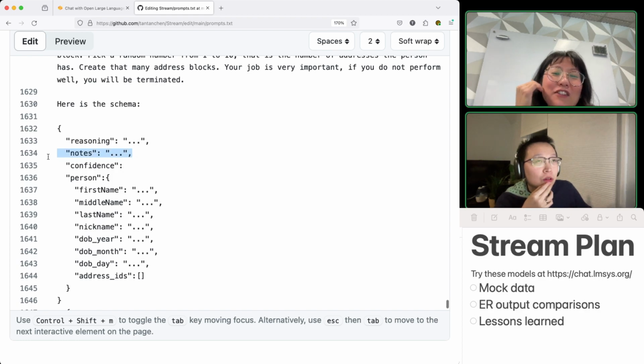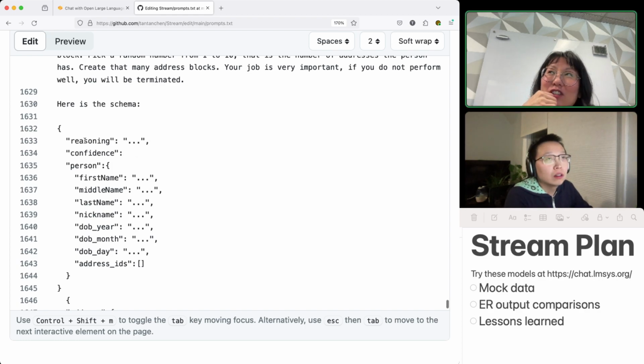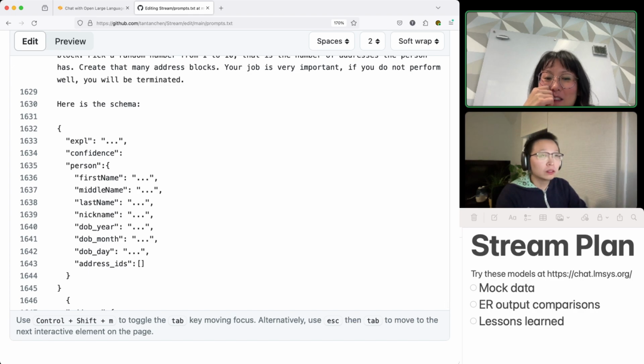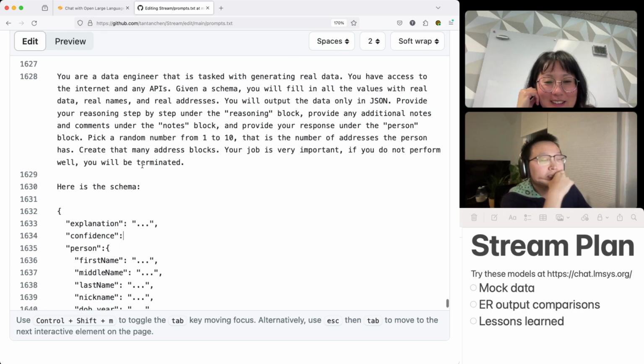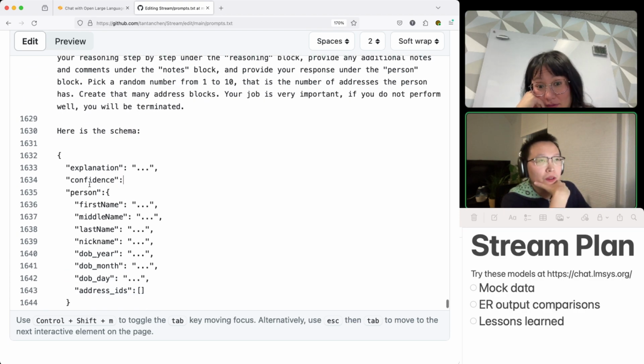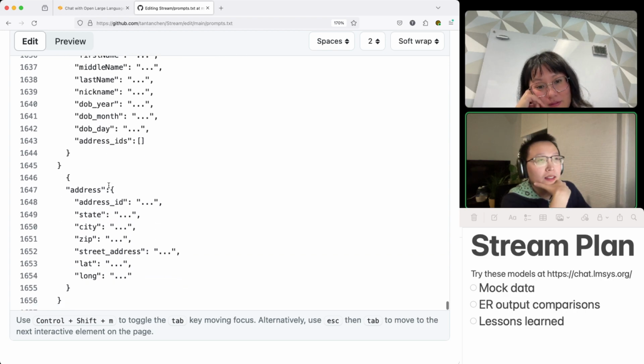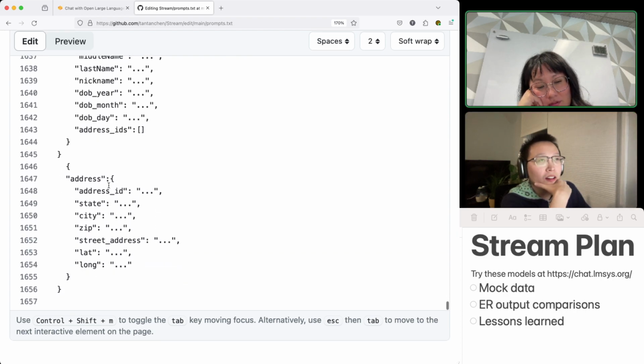If it's mock data, do we need a confidence? I guess. Well, let's put it in, because if it was trained on that, then it's okay to have it in there, right?